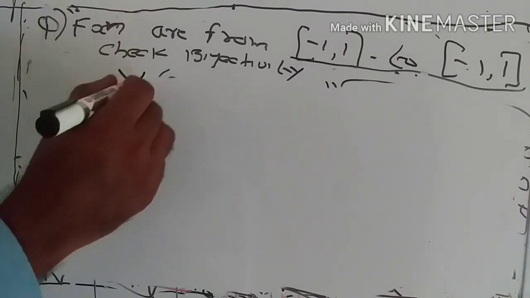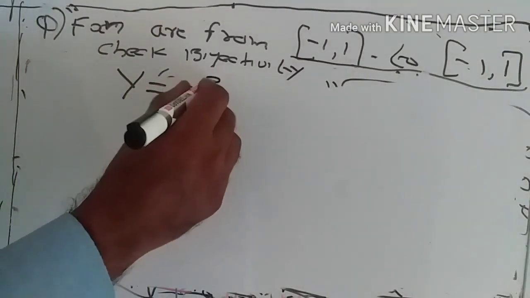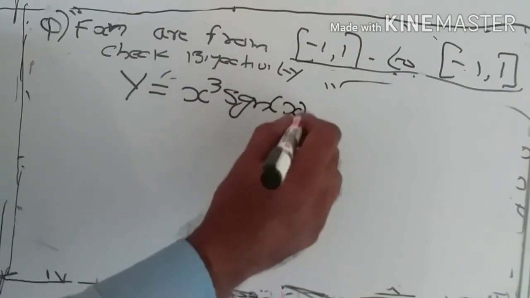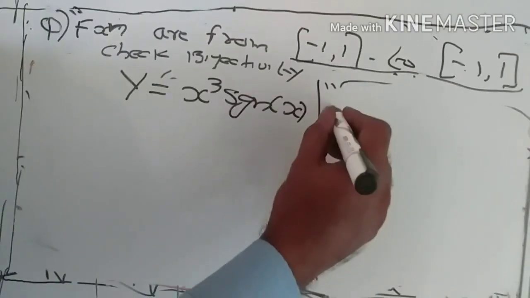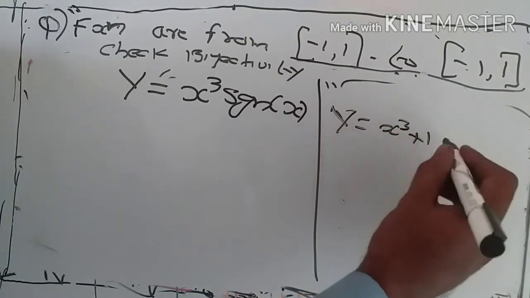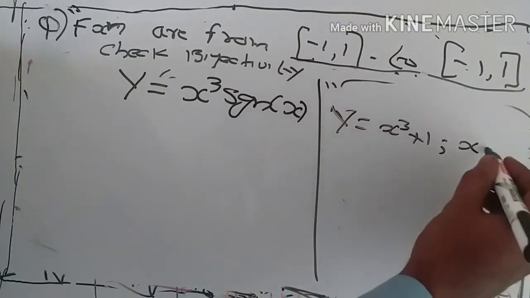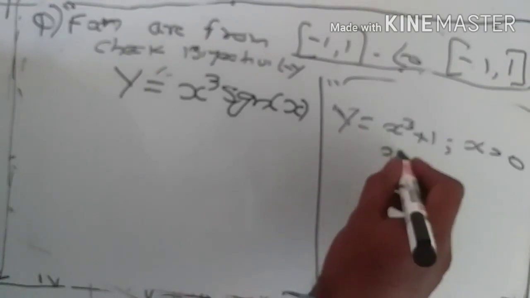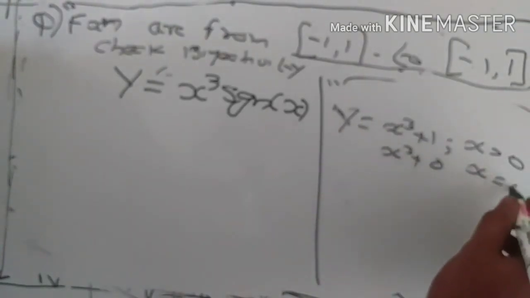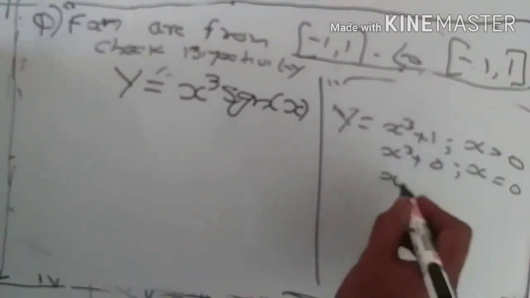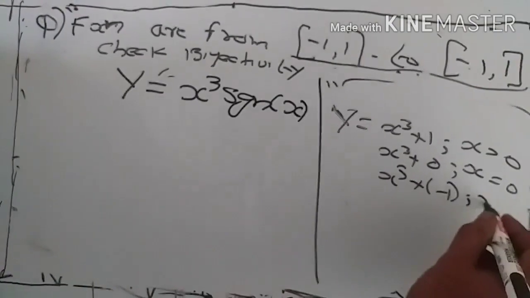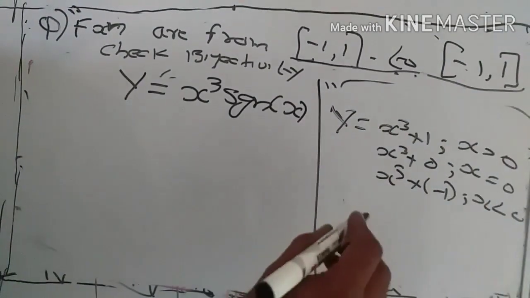Now consider y is equal to x cubed into signum x. So what is the function? y is equal to x cubed into 1 for x greater than 0, x cubed into 0 at x equal to 0, and x cubed into minus 1 for x less than 0.